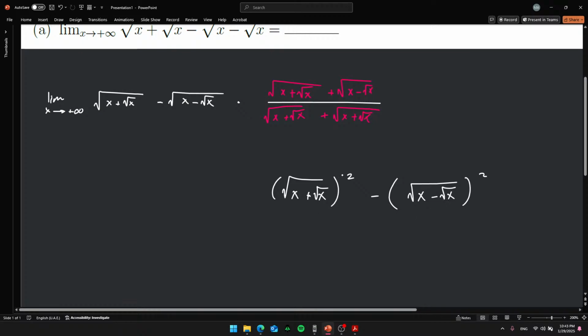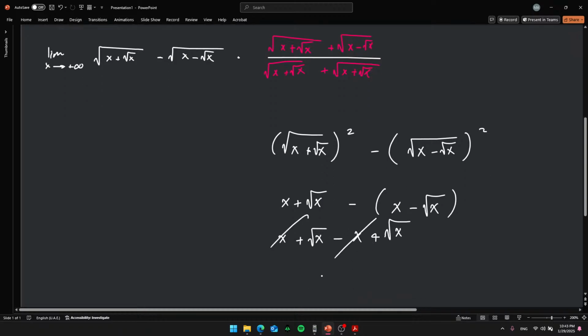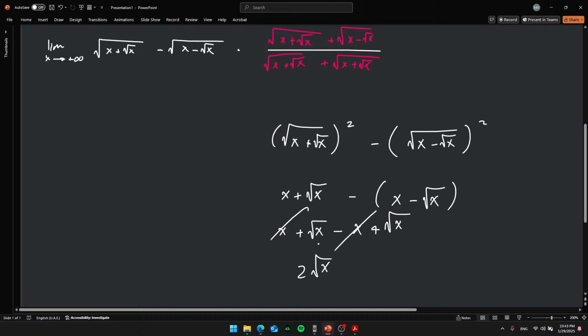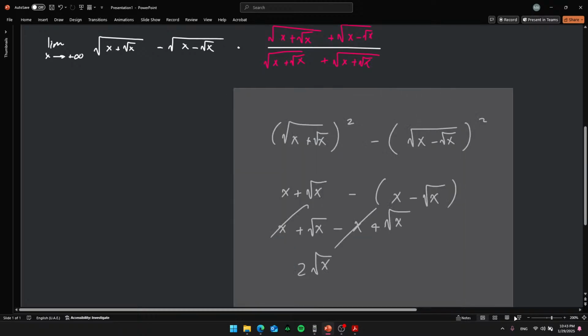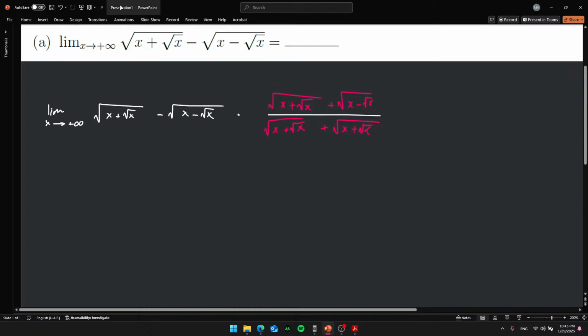The square will get rid of the radical. Put them in parentheses, please. x plus root x, now distribute the negative: minus x plus root x. x minus x cancels, leaving 2 radical x. So the numerator is simply 2 radical x, and the denominator, don't touch it, leave it as it is.